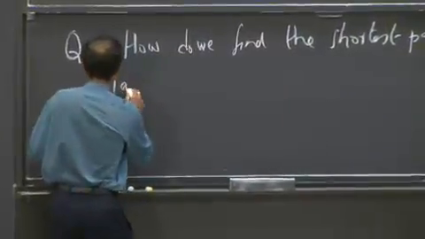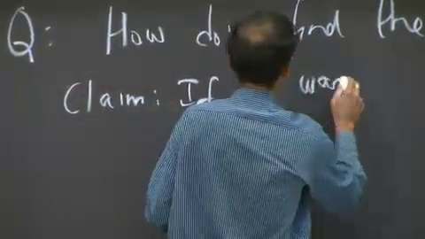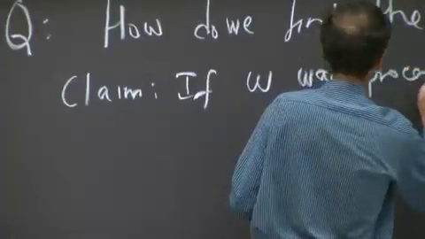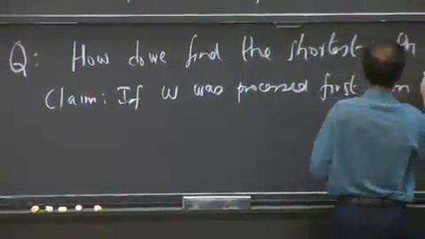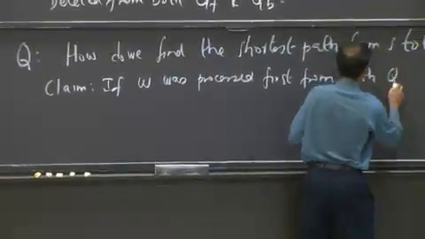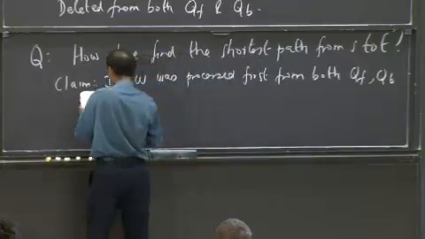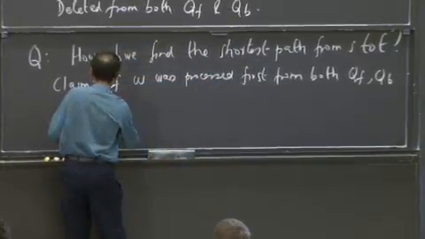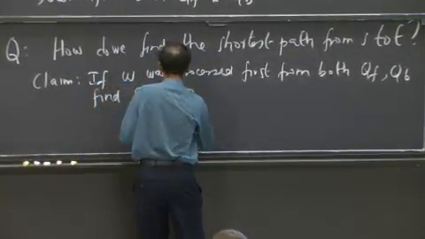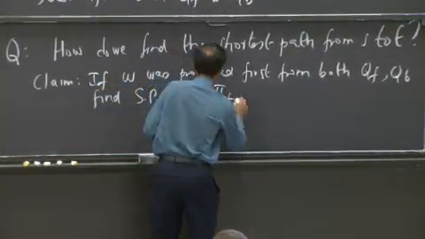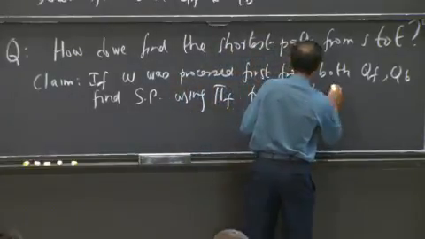So the claim is if W was processed first from both, or extracted from both QF and QB, then find the shortest path using pi F from S to W, right?